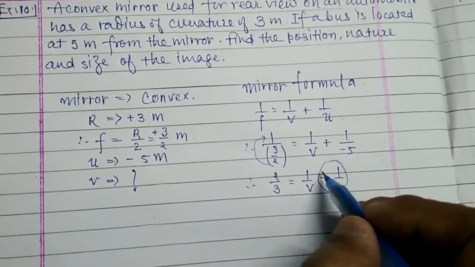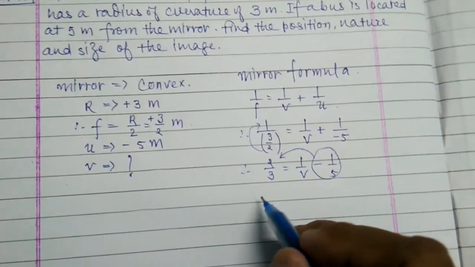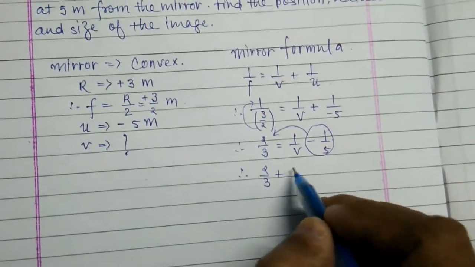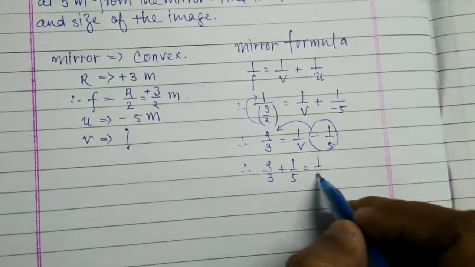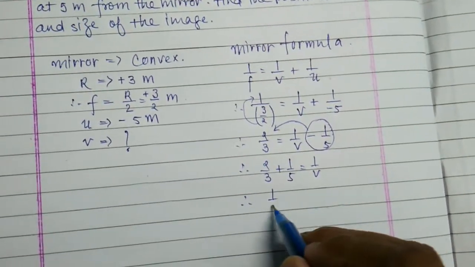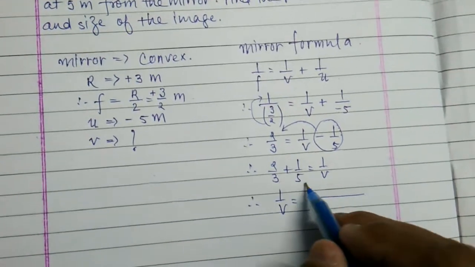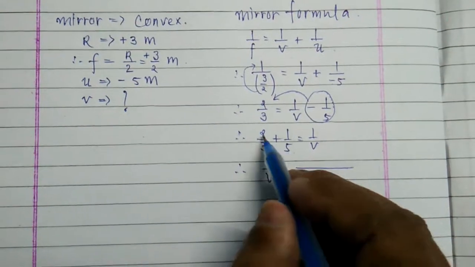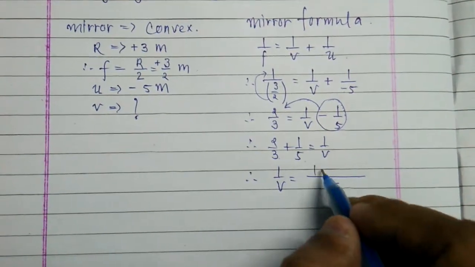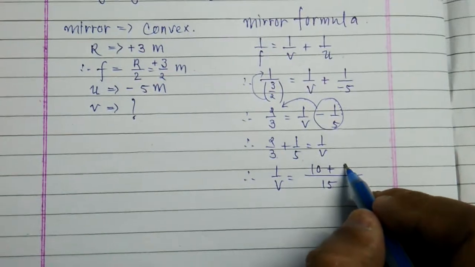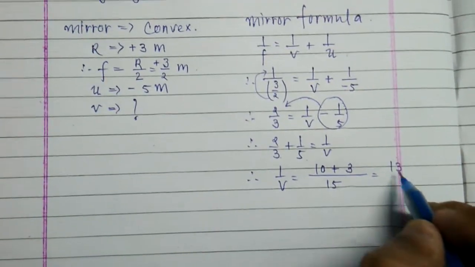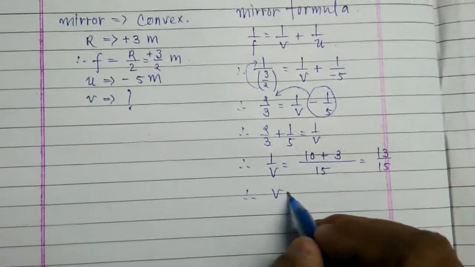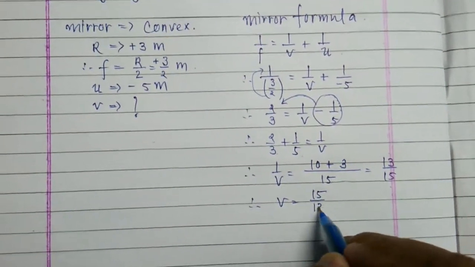Now take minus 1 upon 5 to the left side. It is 2 upon 3 plus 1 upon 5 is equal to 1 upon v. So 1 upon v is equal to, here LCM, 3 5s are 15 LCM, and 5 is multiplied by 2, 10, and 3 is multiplied by 1, 3. It is 13 upon 15. 1 upon v is equal to 13 upon 15, hence v is equal to 15 upon 13.